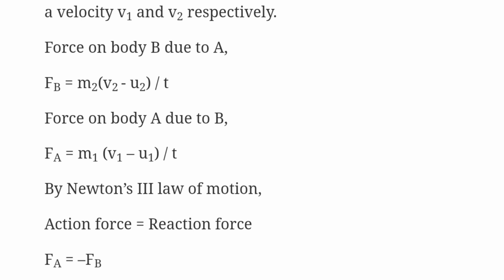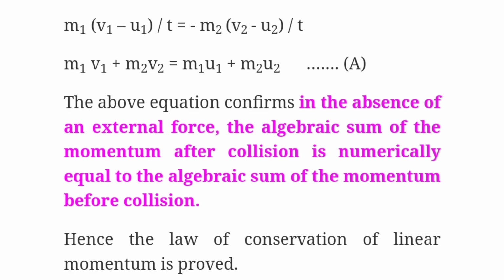Force on body A due to B, Fa is equal to m1 (v1 minus u1) by t. Then by Newton's third law of motion, action force equals reaction force, Fa is equal to minus Fb. m1 (v1 minus u1) by t is equal to minus m2 (v2 minus u2) by t. m1 v1 plus m2 v2 is equal to m1 u1 plus m2 u2.